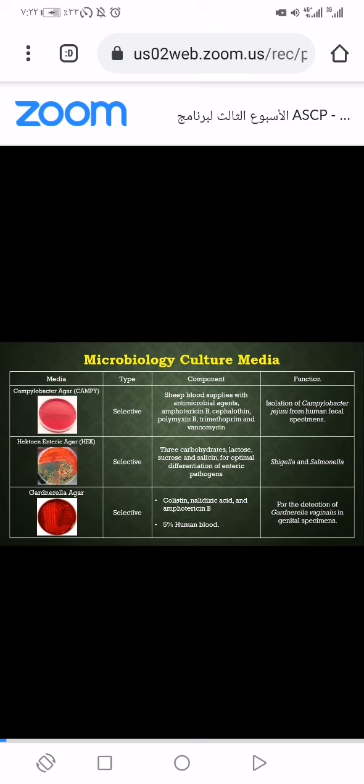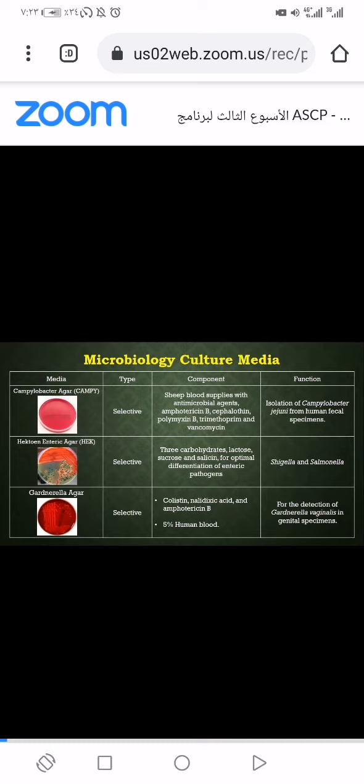As we see here in the photo, this is a fecal specimen. There are many colors for many types of colonies. Like this one, the pink one. If we are looking to isolate Salmonella or Shigella, we will ignore the orange one. We will go for the green or the black.